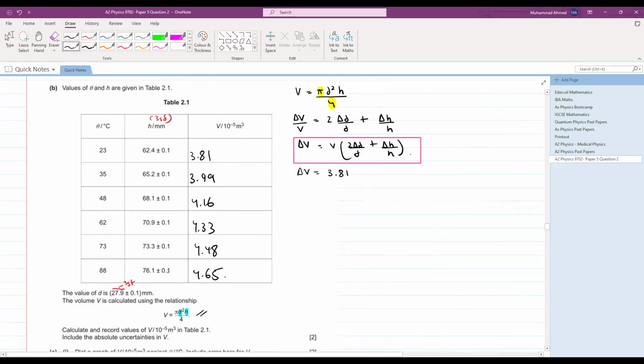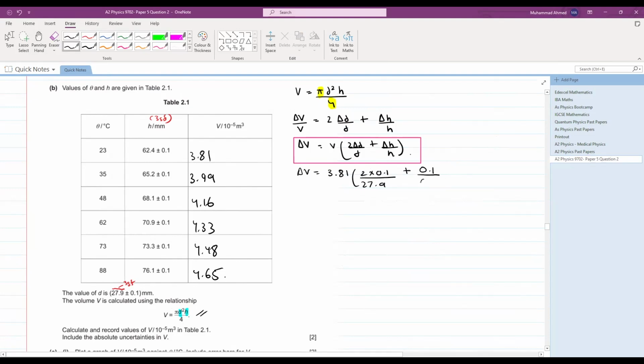And what is your absolute uncertainty in D? 0.1. Perfect. So you can write it here: 2 into 0.1 divided by what is the actual value of D? 27.9. Perfect. Plus, what is the absolute uncertainty in H? 0.1. Perfect.